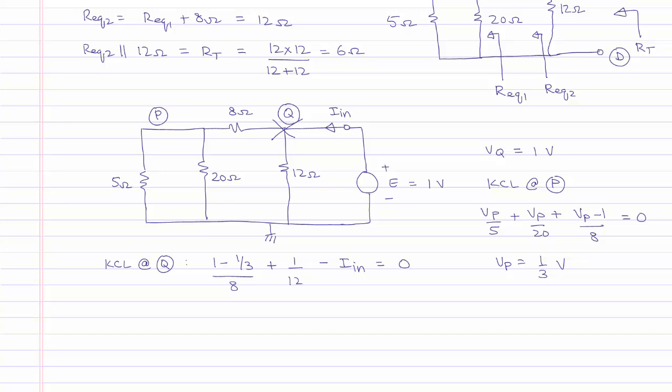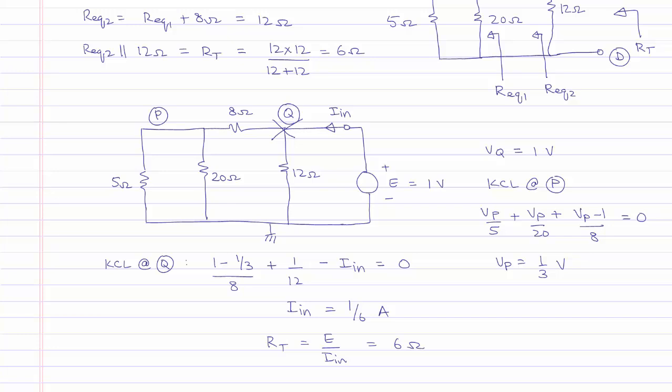The solution of this equation will give that In is equal to 1/6 of an ampere. And the Thevenin resistance will be equal to the voltage source value divided by In, which will give us 6 ohms, which is the same value as we have computed previously.